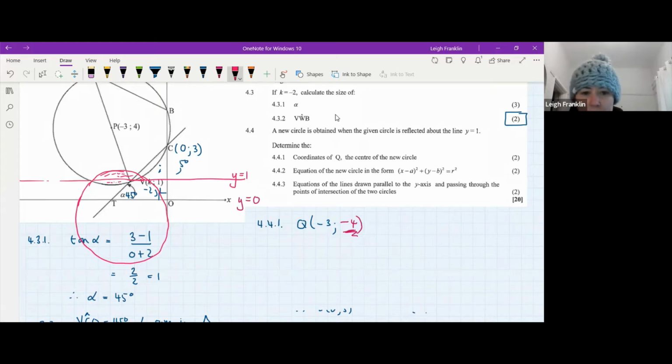It's actually 2 units that we have to move it up. Absolutely. So over here, this is now -3 and -2. Why has it moved up another unit? That's what I'm asking you. What's the reason for that? Why does it have to be up another unit and not just 1 unit?